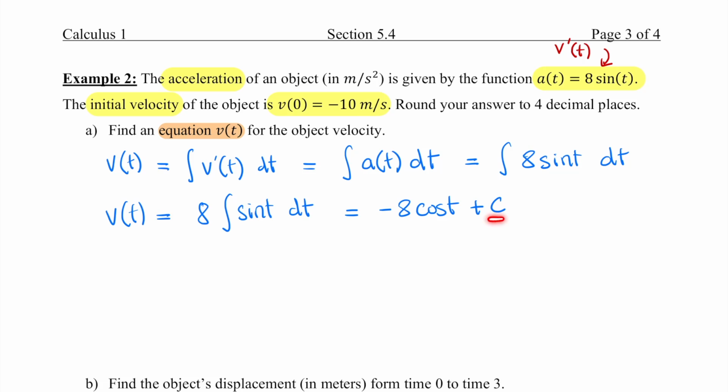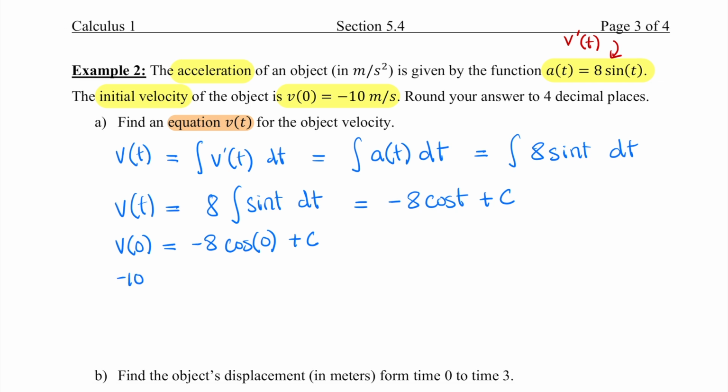To solve for c, we use the initial velocity. v of 0 equals negative 10. That means when t equals 0, v equals negative 10. So I plug in t equals 0. Cosine of 0 is 1.